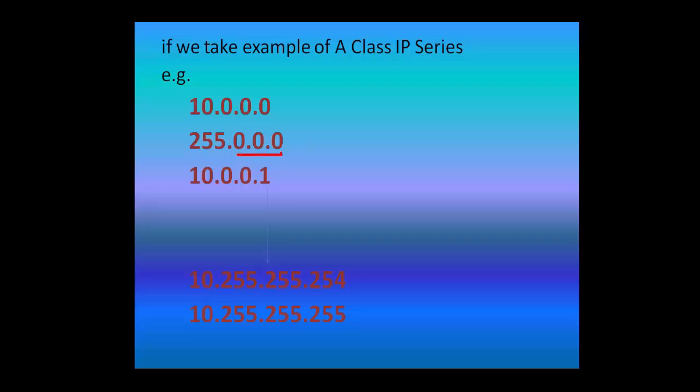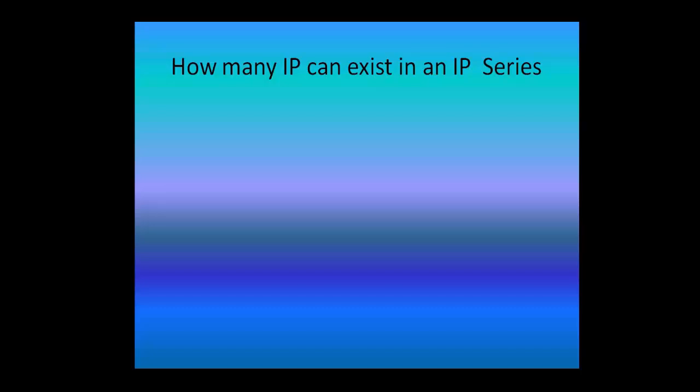How do we calculate how many IPs can exist? How many IPs can exist in C class? We have to set up a small network. We have to set up a big network. Then how do we calculate that?